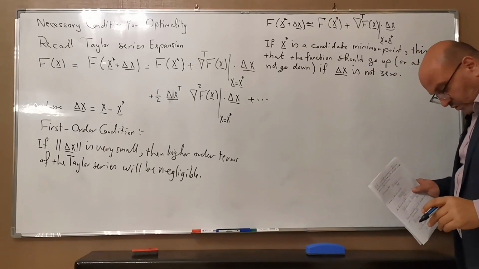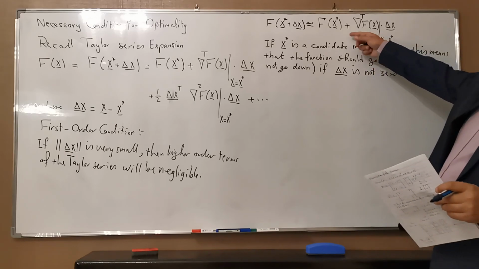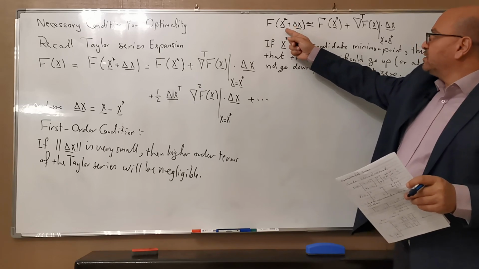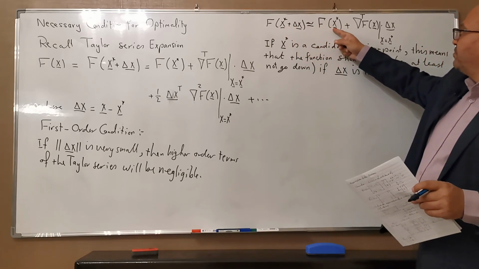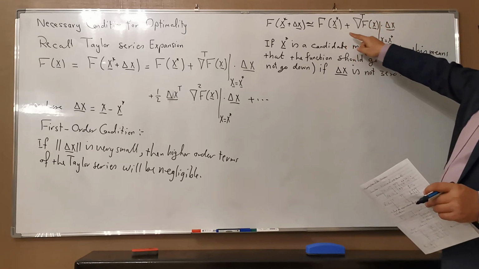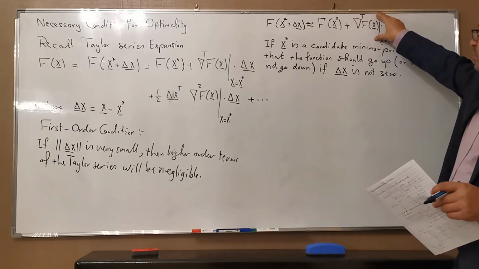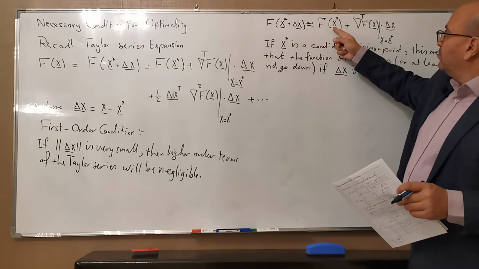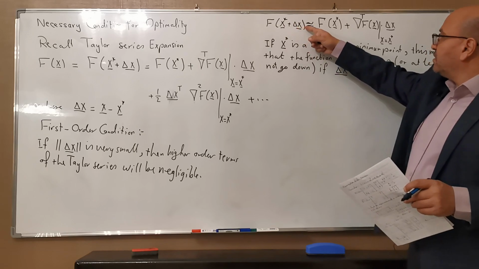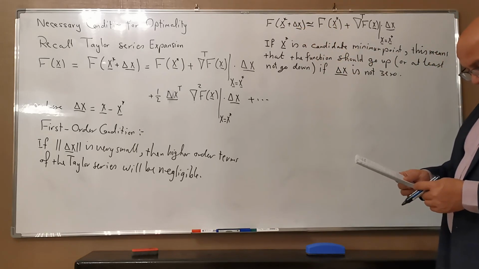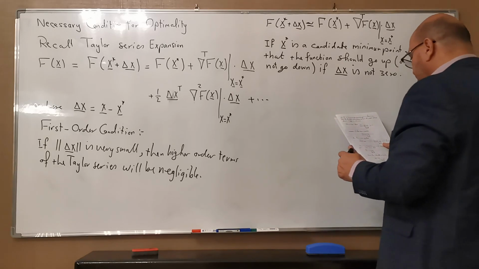Yeah. And this is very clear, you know. If you have a delta x, then you have f of x star plus the inner product. Now, if this is a minimum, then this one should be positive, actually, so that any value different than x star should have a value greater than f of x at x star. Okay?